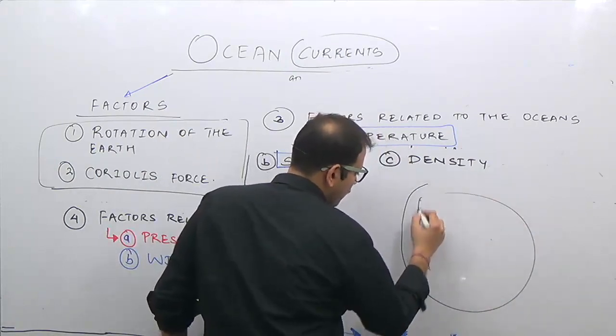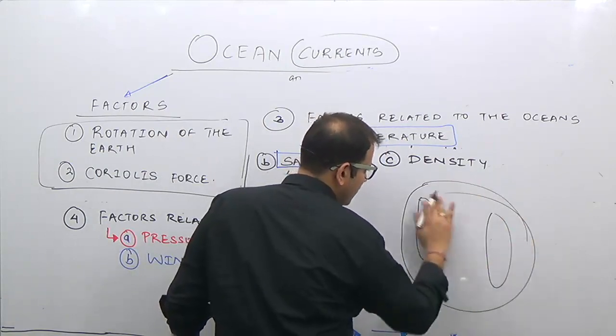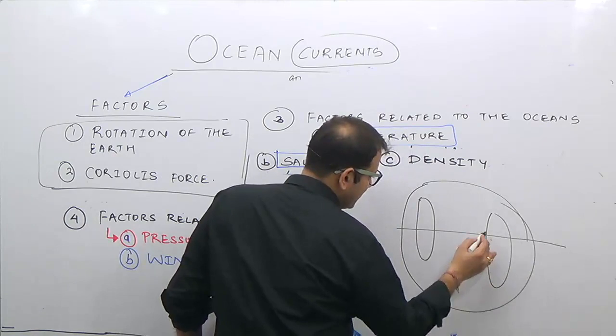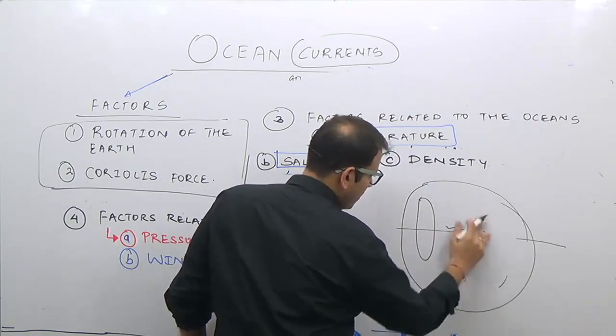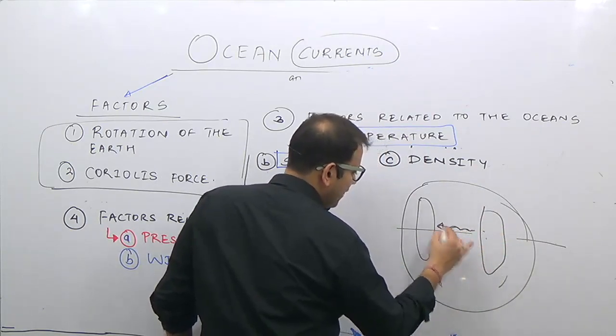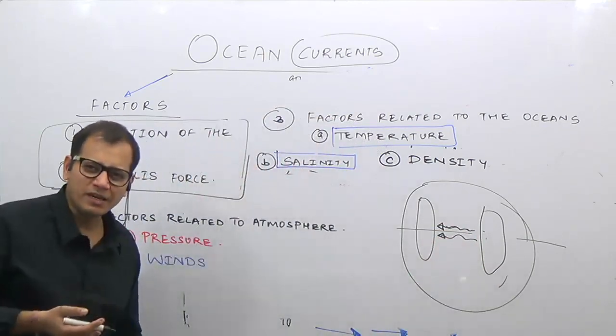If this is one continent, if this is the other continent, and if this is the world, the equatorial current will be generated. Why? Because this is the way winds will flow in the area of the doldrums, very weak winds.